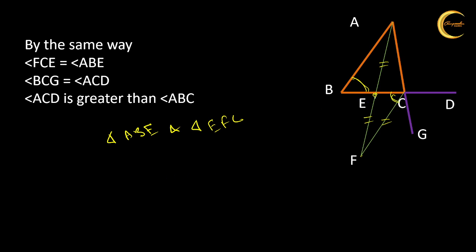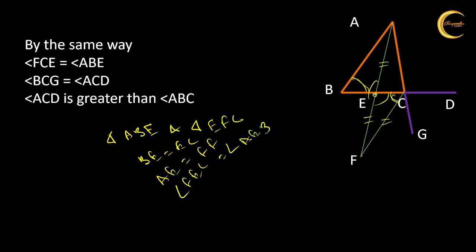Now here we see BE equals EC, because E is the middle point of the BC side, and AE equals EF, because we have drawn AE equal to EF. And this is a vertically opposite angle, FEC, so angle FEC equals angle AEB.